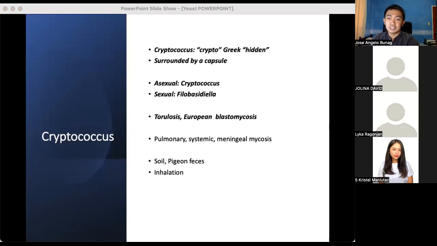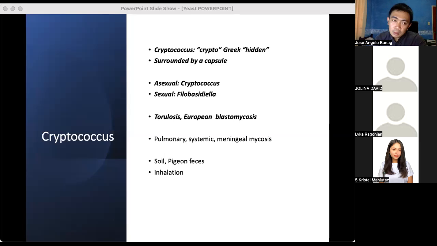Okay, next, now we also have your Cryptococcus species. So for your Cryptococcus species, crypto is a Greek word that means hidden, and usually your Cryptococcus species are surrounded by a capsule. We have your sexual, these are your Filobasidiella. We also have your asexual, which are your Cryptococcus.